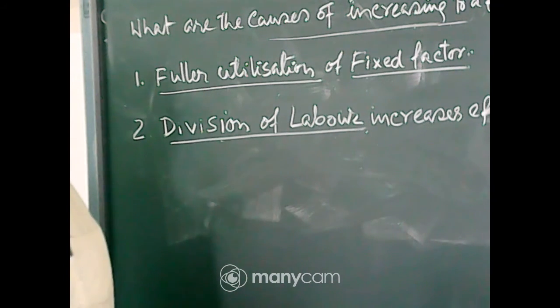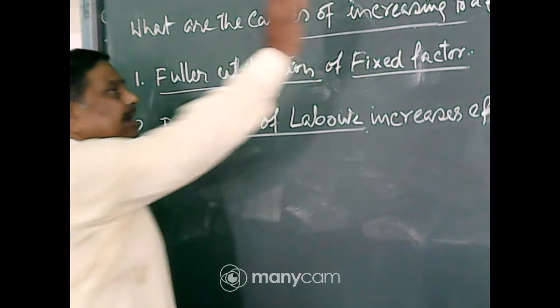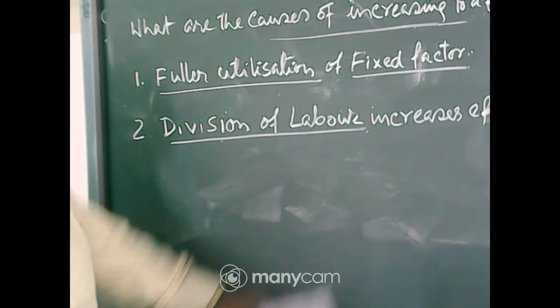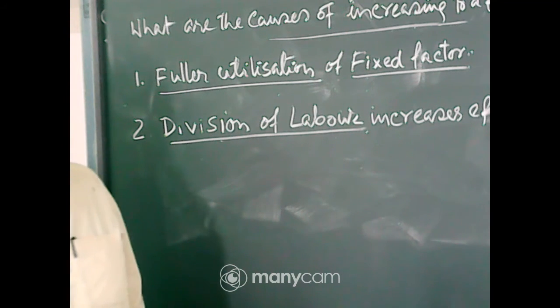So if division of labor can be done, then production will increase at an increasing rate to a factor. That factor will give you more production, and it will take the increasing return to a factor.